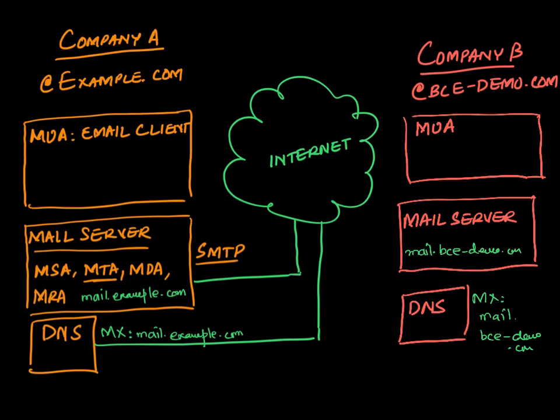So we have an MX entry. Now this DNS is connected over the internet, and so is the mail server. Again, just to remind you, through this MX we're announcing that this is the machine that's going to accept all the messages for bce-demo.com on behalf of all the users for bce-demo.com. So this is how we set up both companies. Now let's see how a message will flow from company A to company B.